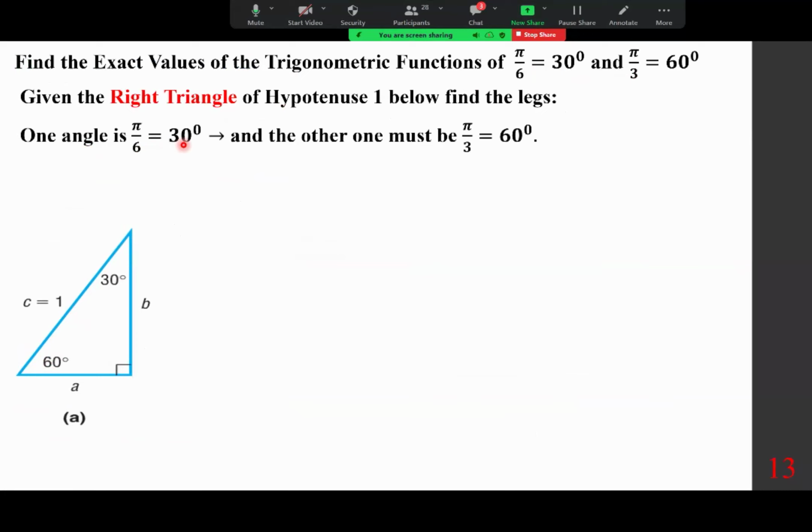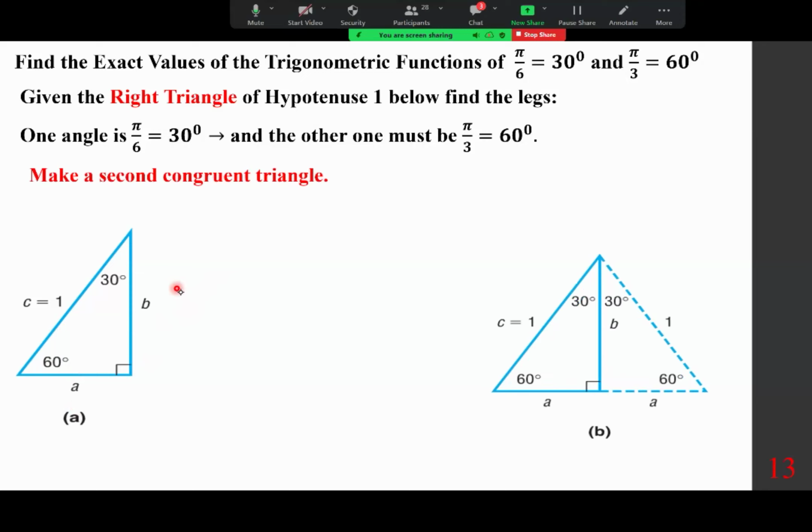One angle is 30 degrees or pi over 6, and the other one is pi over 3 or 60 degrees. Make a second congruent triangle. Make an identical angle, but put it on the right side, meaning this side is identical to this side, and this side is the same as this one.